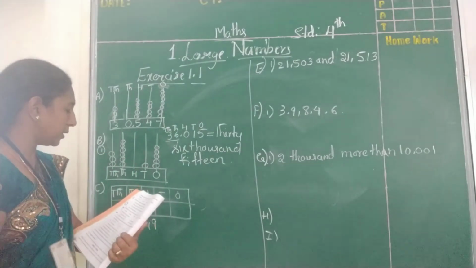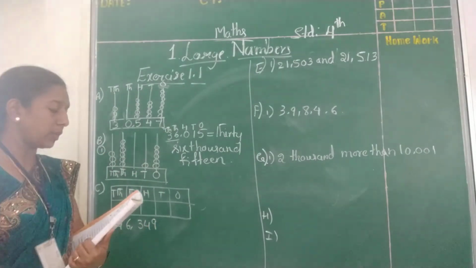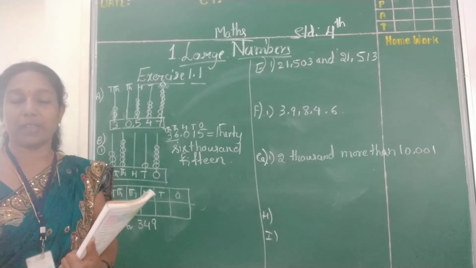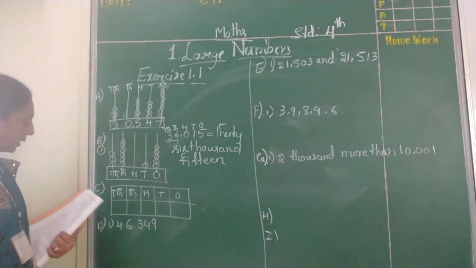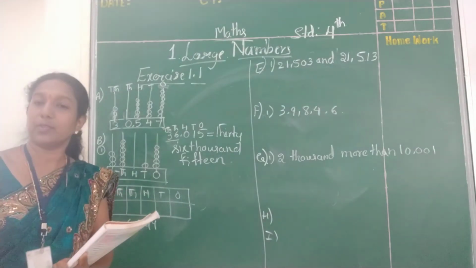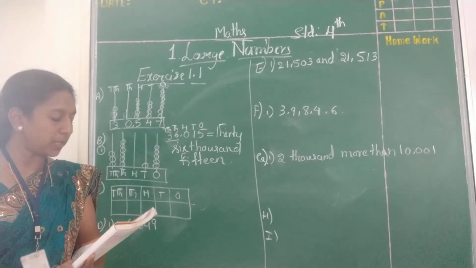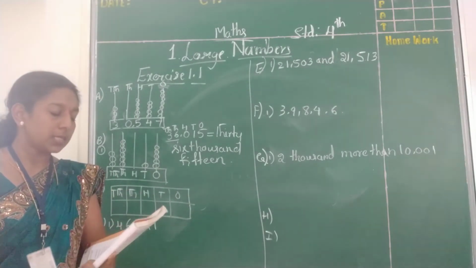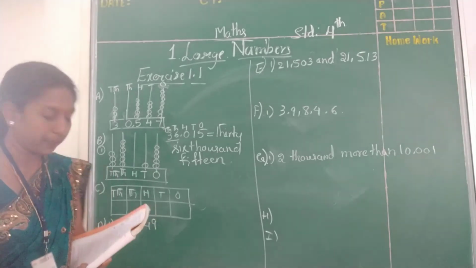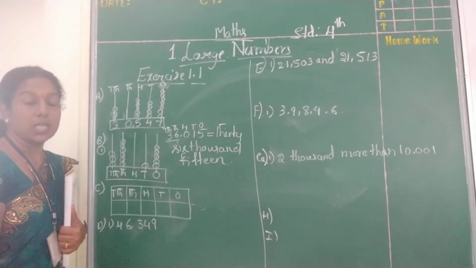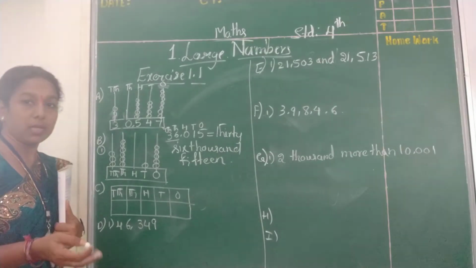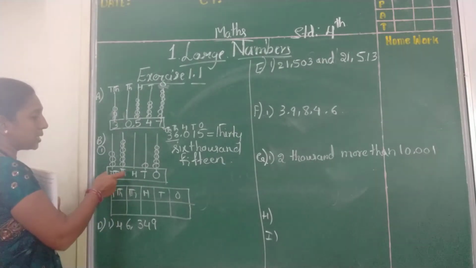Come to the third one now. Write the number for the following number names. So we have to write the number names here. So they are given the number names. We have to write the number. So the first one is 45,619. So 45 is there. As we read the number, we know that these two places we will read together.